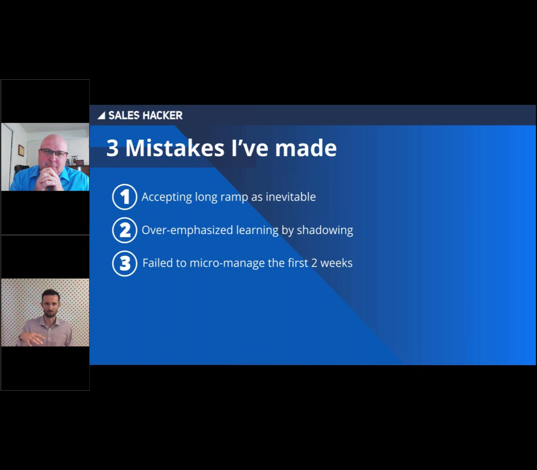You have to manage your onboarding program the same way you manage your sales process, which is you pick up information in the market, you hear things from your customers, and you adapt and adjust. That needs to trickle its way back down to the way that you micromanage your team in the first 2 weeks.